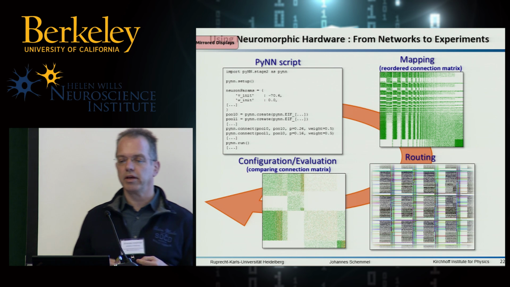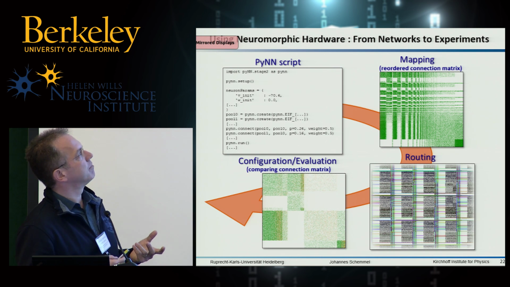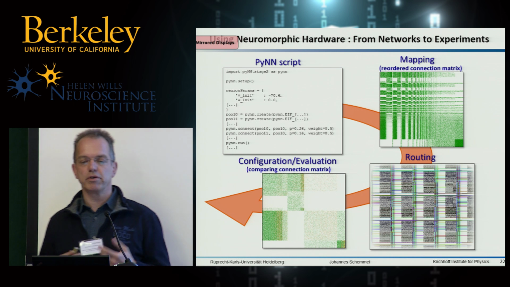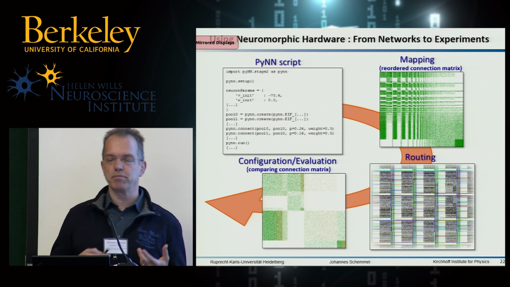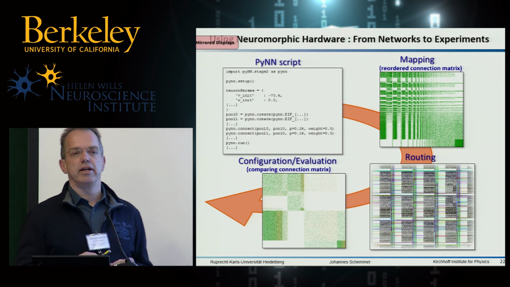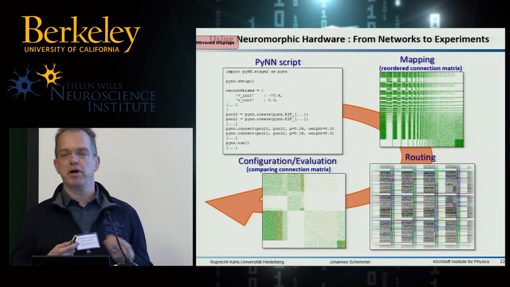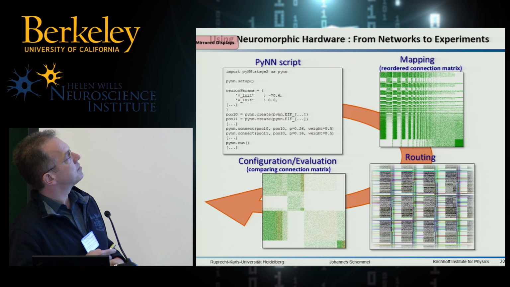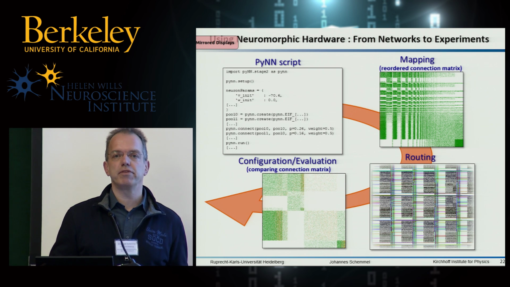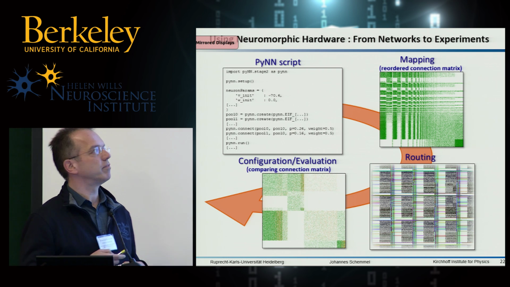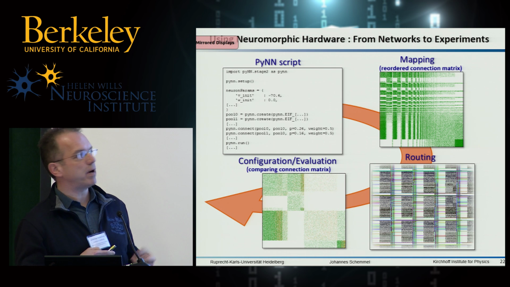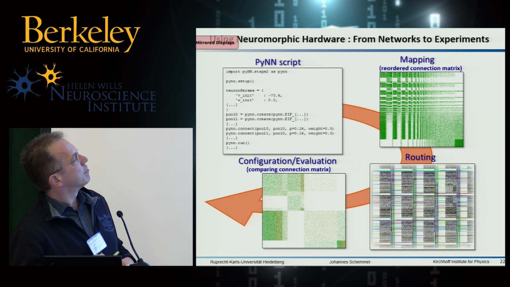And then the question is, if you have all this, how do you go from the idea to an experiment? This has to do with the number of parameters you have to fix. In our case, we have a PyNN script, a description of the experiment you are going to do in a derivative of the programming language Python. Maybe a few of you know this.